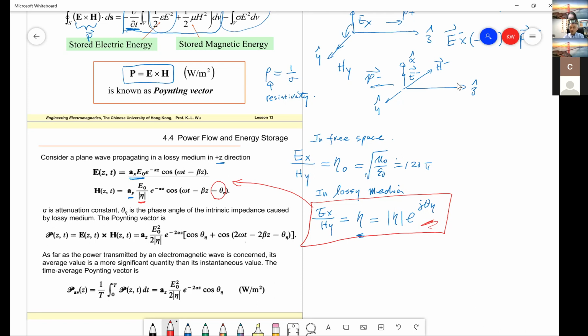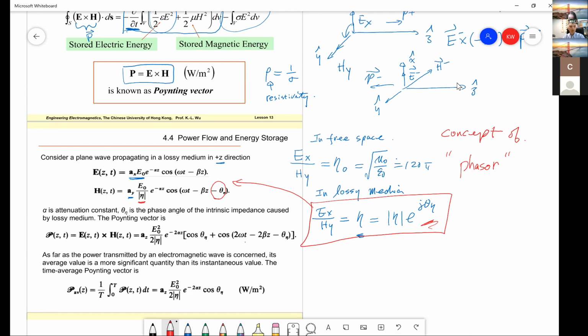And this operation requires knowledge we call phasor. The concept of phasor is very important.